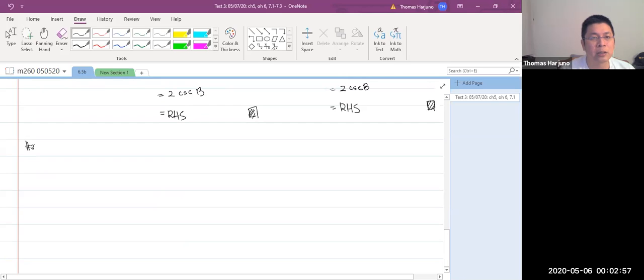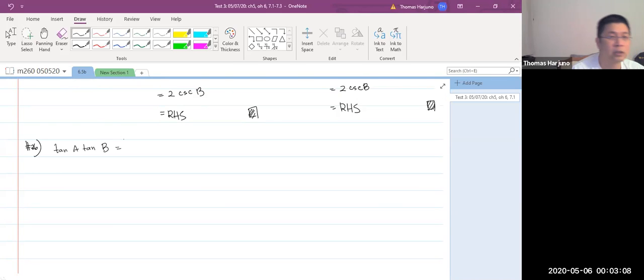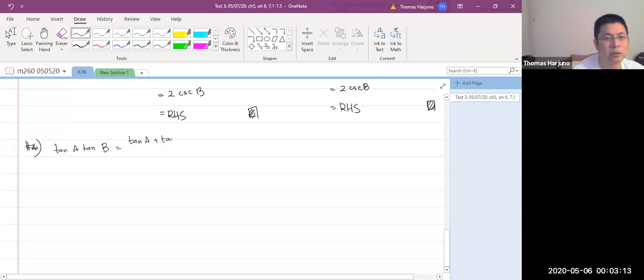Tangent A tangent B equals tangent A plus tangent B over cotangent A plus cotangent B. Once I finish writing this problem, I have 4 different ways to show this.